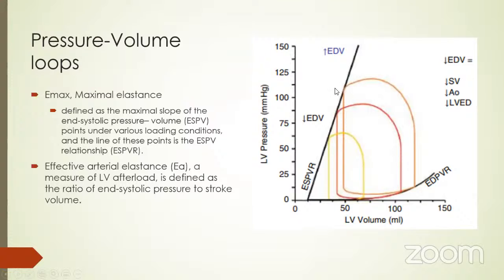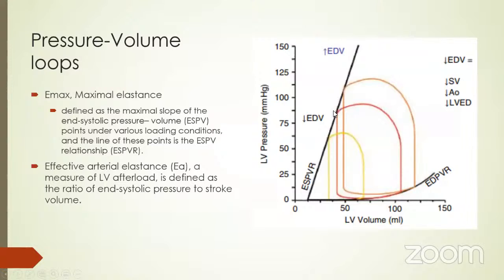So in the end systolic pressure volume relationship, if we manipulate the preload status of the heart simply by clamping the inferior vena cava, the volume of the heart will decrease, the stroke volume will decrease also, and the pressure will decrease.